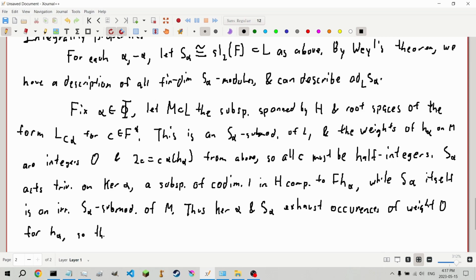So the only even weights occurring in M are 0 and plus or minus 2.